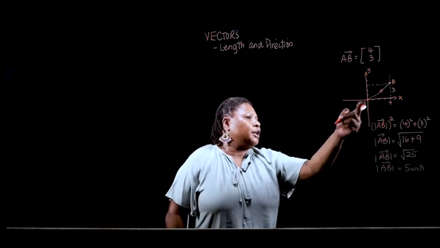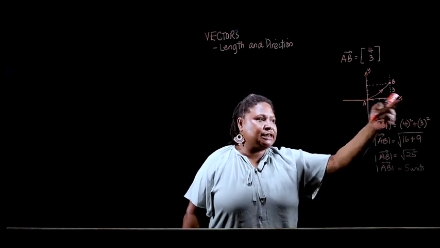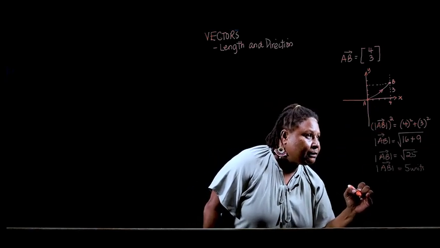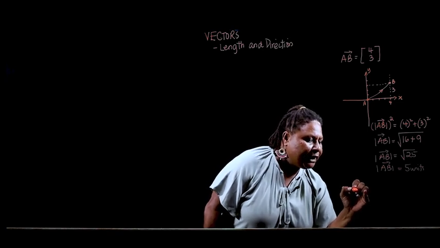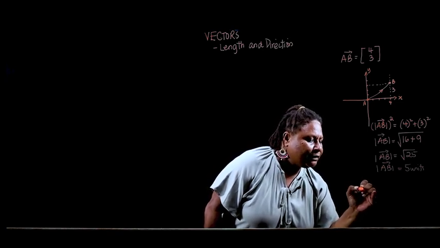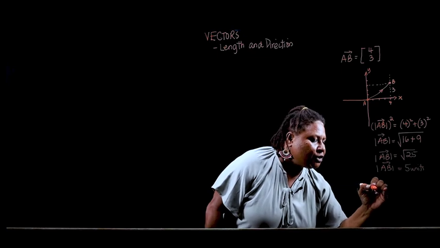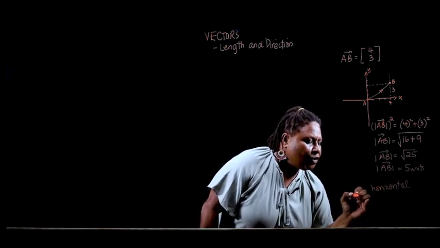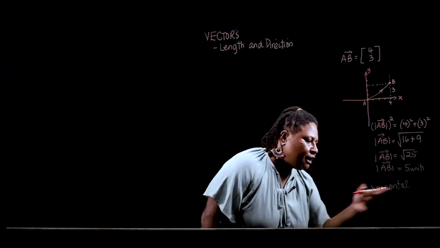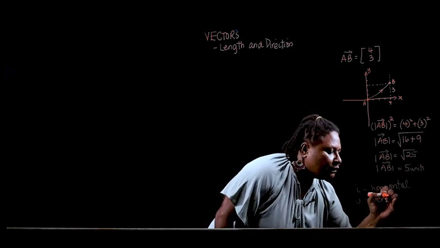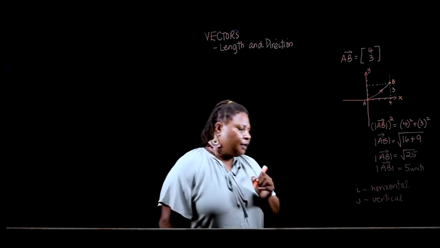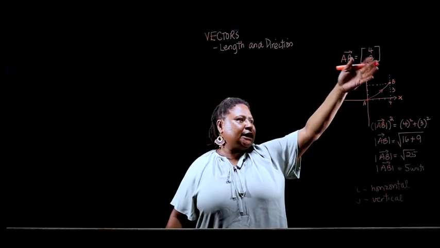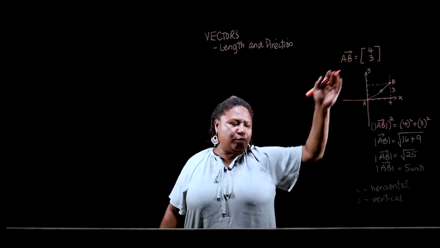So if we are going across on the x-axis, the unit vector would be represented by i. This is the horizontal. And the vertical unit vector would be j.